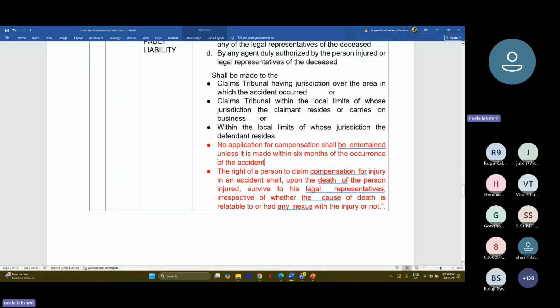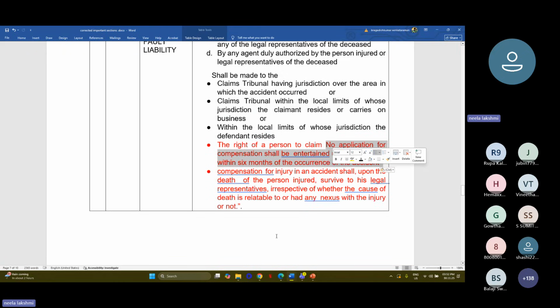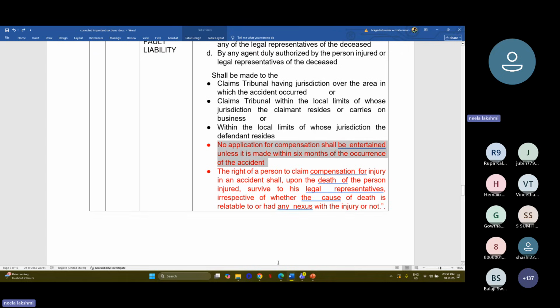Now, as per the new amendment, I have highlighted this. No application shall be entertained after 6 months from the occurrence of the accident; a time limit is fixed.